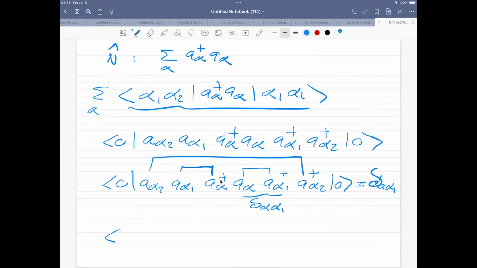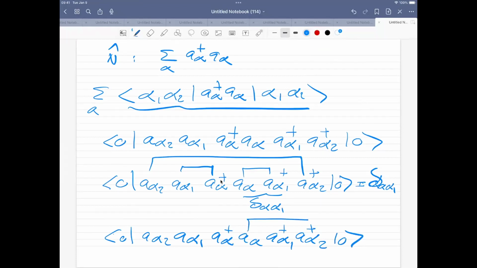Then you see immediately that the other contraction, which we can have, is now alpha going to alpha 2 here, and then clearly this one going like that.